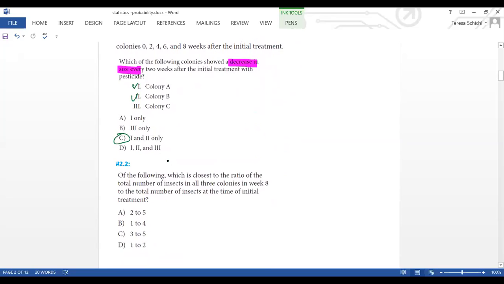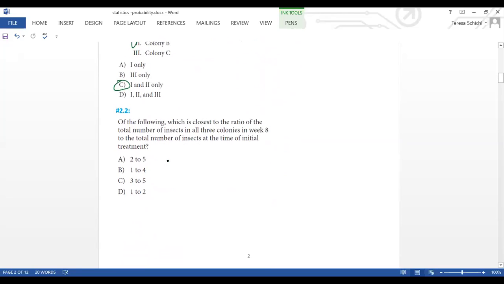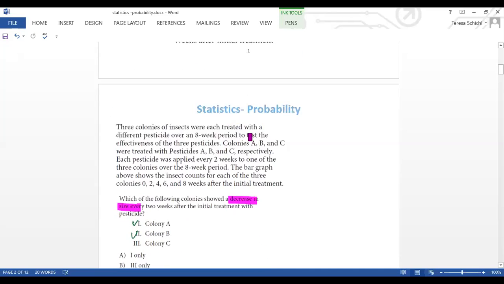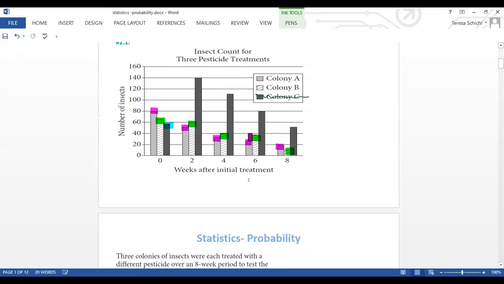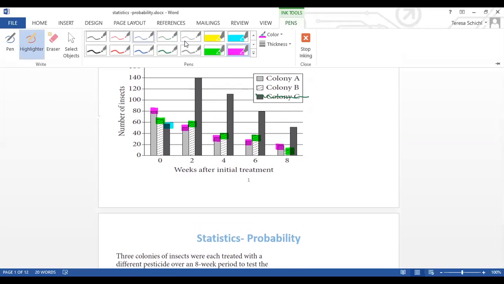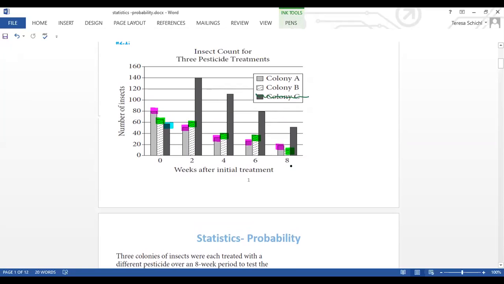Okay, so now which is the closest ratio to the total number of insects? I'm looking for the total number of insects for all 3 colonies at 8 weeks to the total number of insects at the time of initial treatment. So I'm going back to here. The total number of insects at 8 weeks.